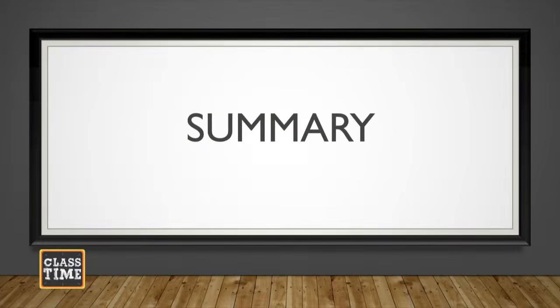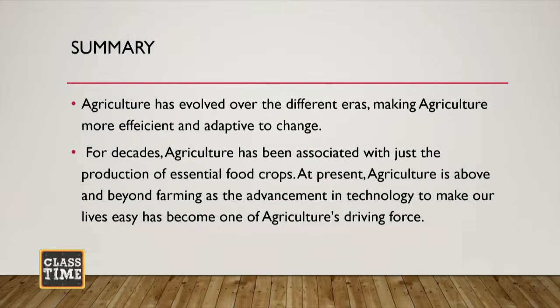First, we looked at agriculture, where it came from, how it has evolved over time. Agriculture has evolved over the different eras, making agriculture more efficient and adaptive to change.